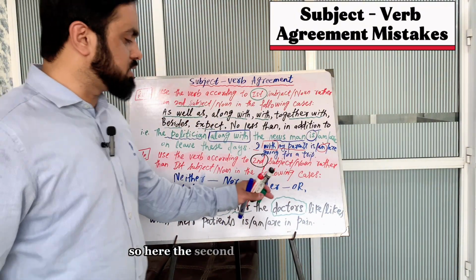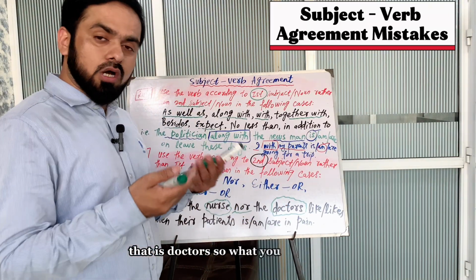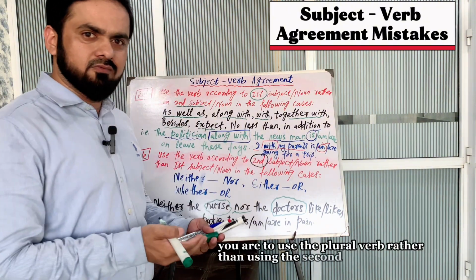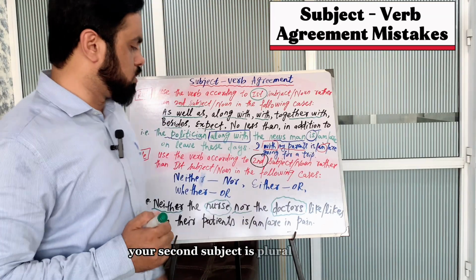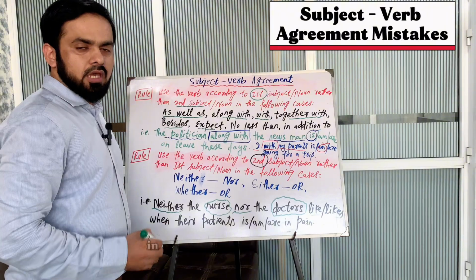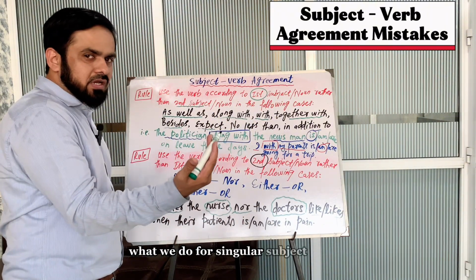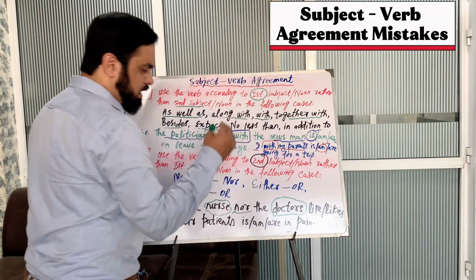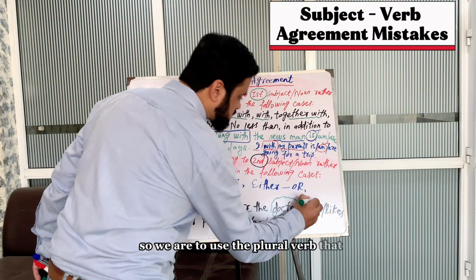Here the second subject is plural, that is doctors. So you are to use the plural verb, because your second subject is plural, right? So should we use like or likes? In the present simple or present indefinite tense, for a singular subject we use the base form of the verb plus s or es. Here the second subject is plural, so we are to use the plural verb, that is like.